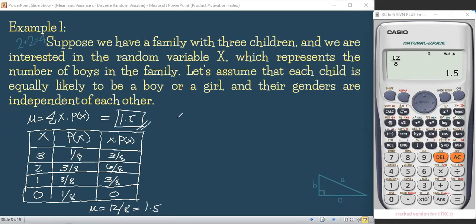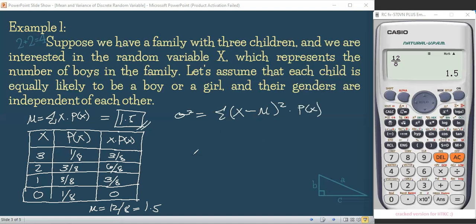So therefore, our mean is 1.5. For our variance, which is denoted by sigma squared, it is equal to the summation of x, wherein x is the random variable, minus the mu, squared, times the p of x.